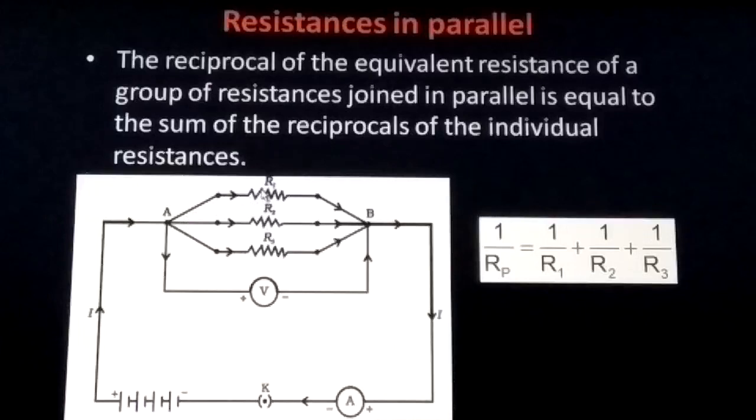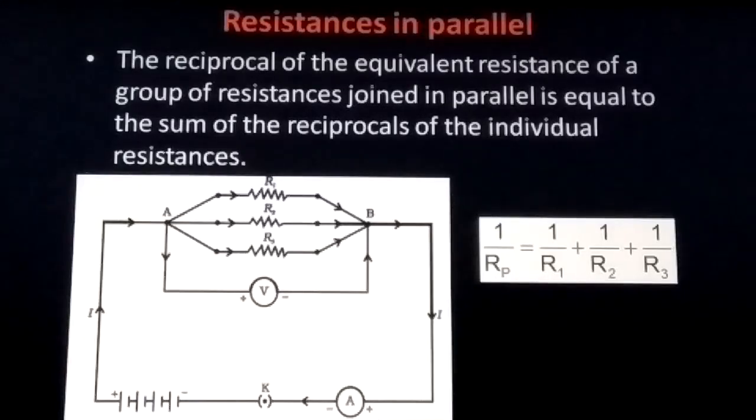In series connection the resistors are connected end to end, whereas in the parallel case, observe here, they are not connected end to end. The parallel combination means two or more resistors are connected between two common points, so that the same potential difference is applied across each of them.